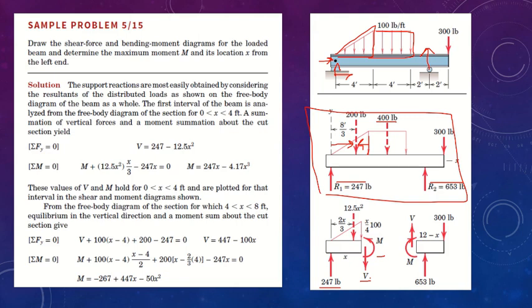Now, in order to get this equation, V is equal to 427, you have to understand how this author came to this conclusion.